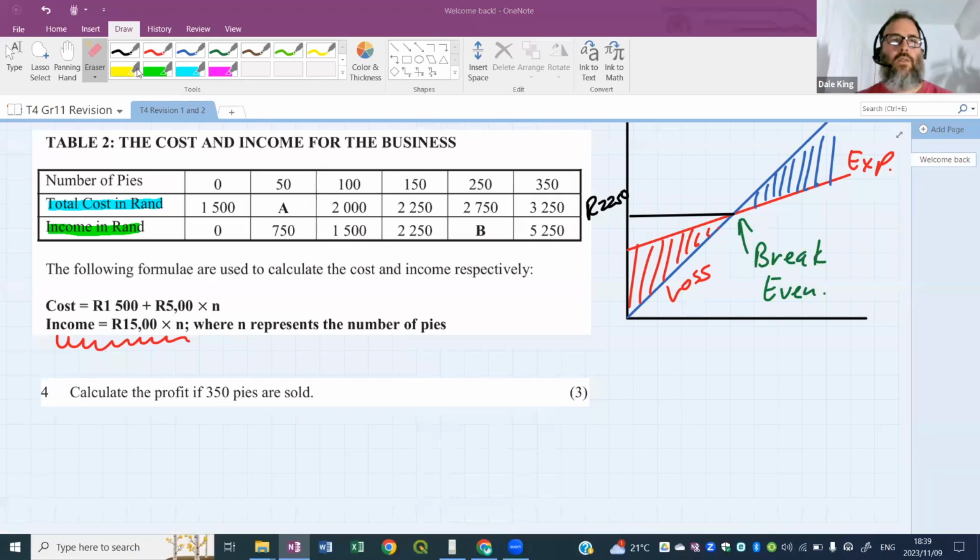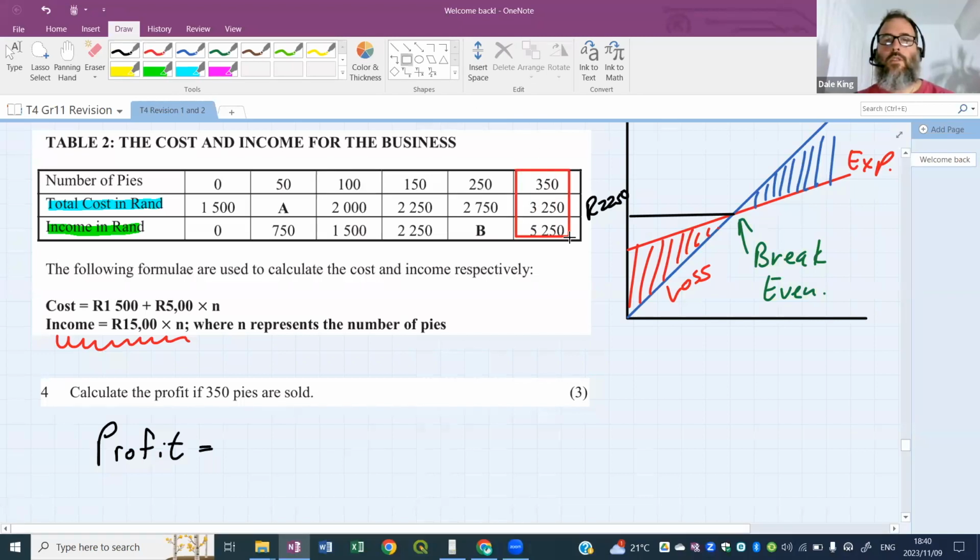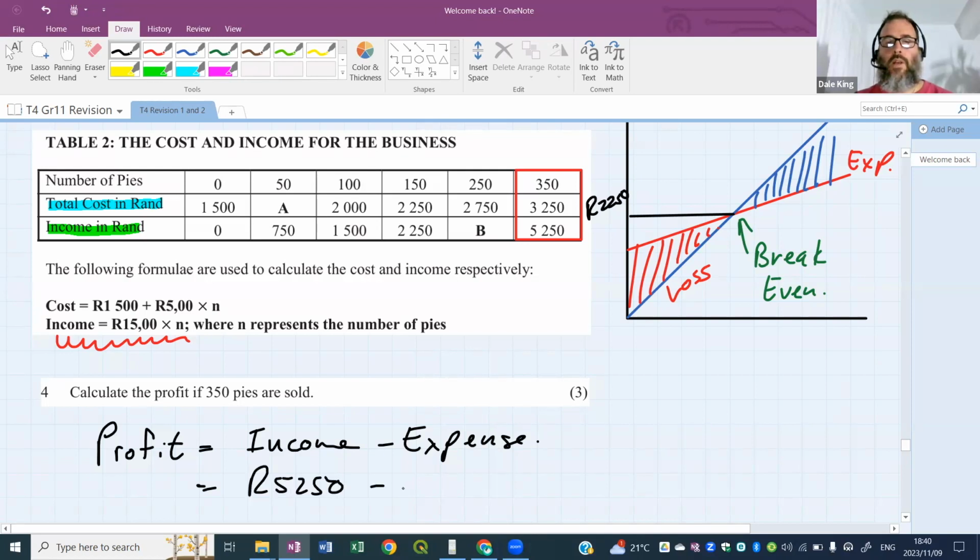1750. Okay, on saying 1750. All right, so we're looking at this part of the table, and profit is your income minus your expense. So we need to take the income value, which is 5250, minus 3250.